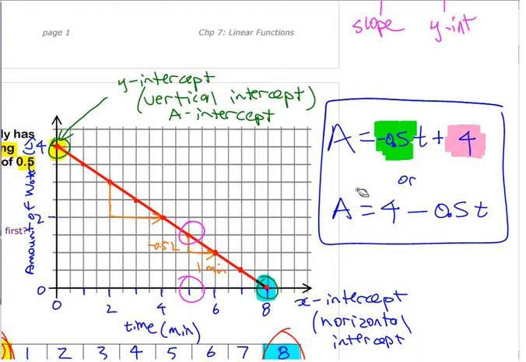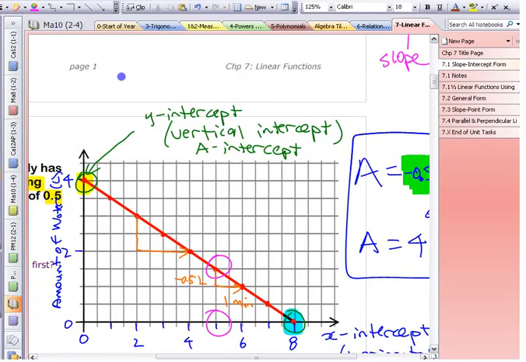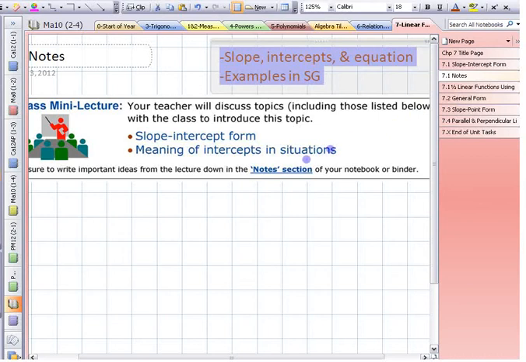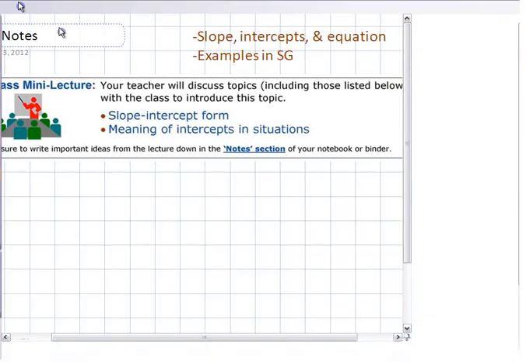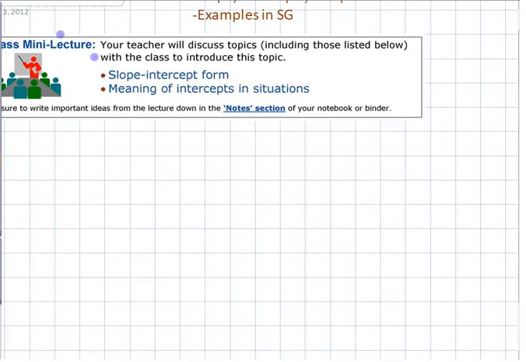Okay? In general, maybe somewhere for yourself, this is slope-intercept form.